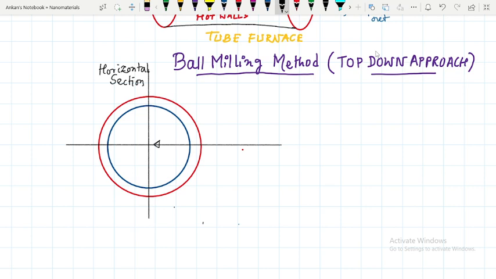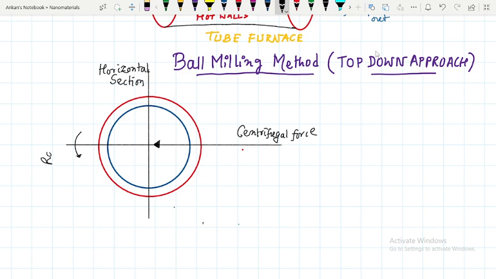Along this direction, centrifugal force acts on it.